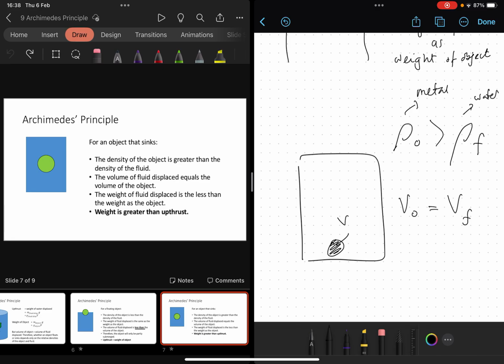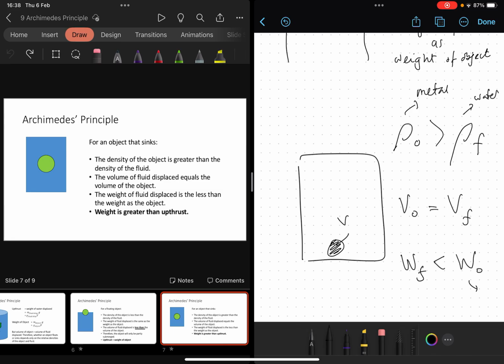However, because the object has a greater density, then the weight of what we displace is less than the weight of the object. Okay, so in other words, the weight of the fluid that we displace is less than the weight of the object.